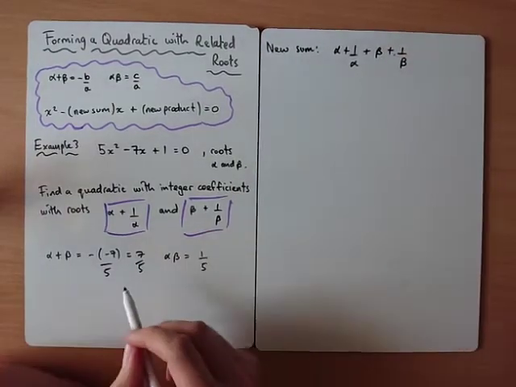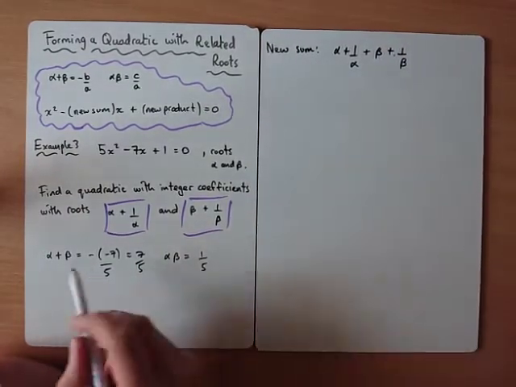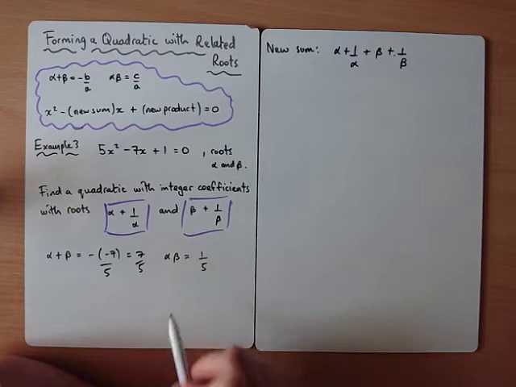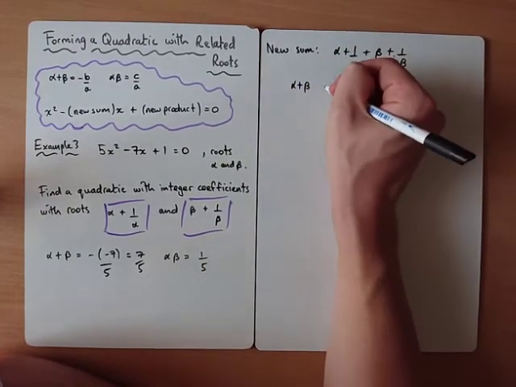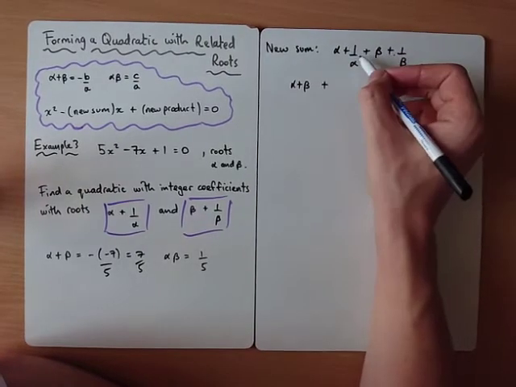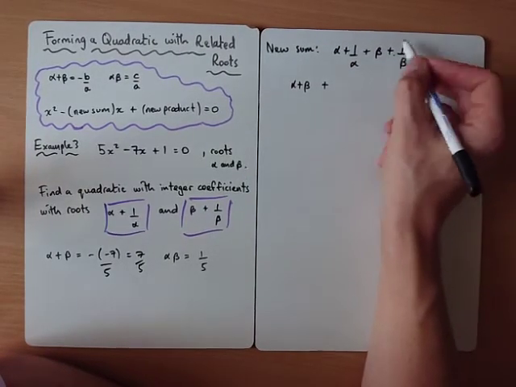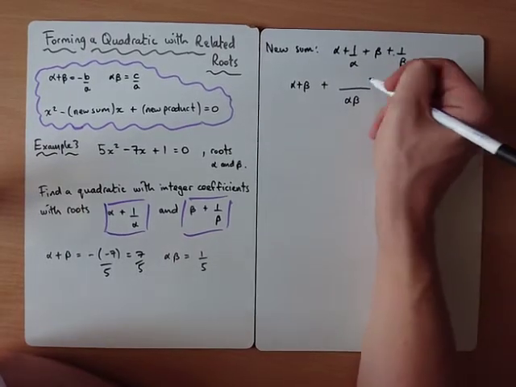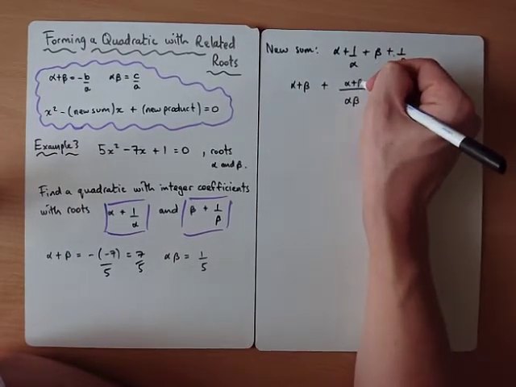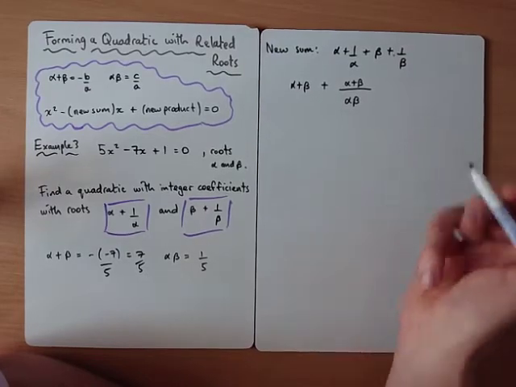And remember, you're always aiming to get in terms of alpha plus beta and alpha beta. Now if we rearrange this, we've just got alpha plus beta plus 1 over alpha and 1 over beta. Now we've seen that on the last example, so I'm going to skip straight to, if we put that over a common denominator, that would just be alpha plus beta over alpha beta.